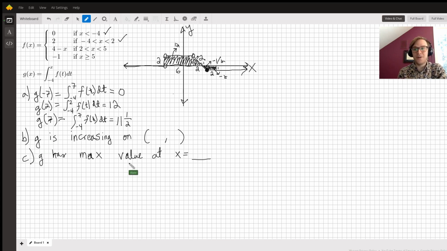For part B and part C, what we have to realize is that if we take the derivative of g of x, by the second part of the fundamental theorem of calculus, we have that g prime of x is simply f of x, right?